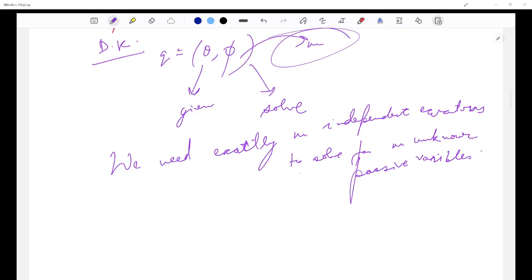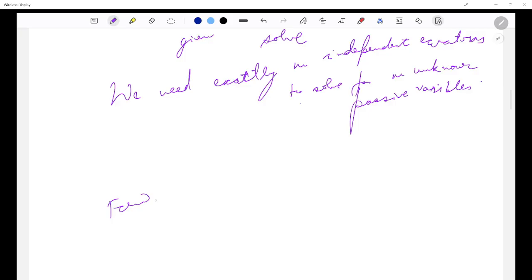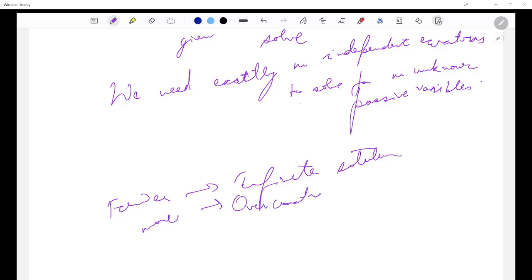If we have fewer equations, then what would happen? We'll get infinite solutions. And if we have more equations, then what would happen? It would be over constrained, or we can also call it redundant solutions.